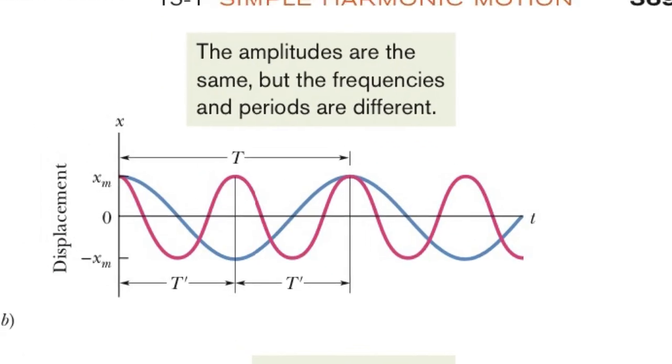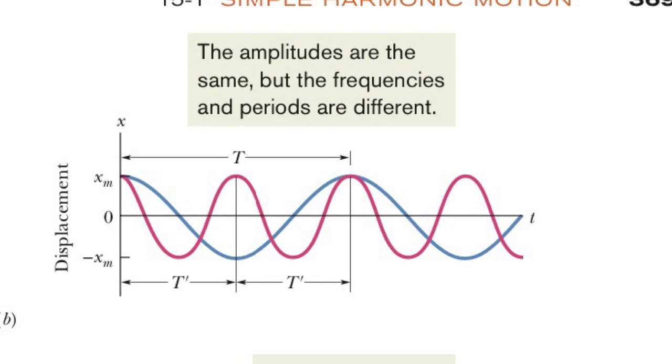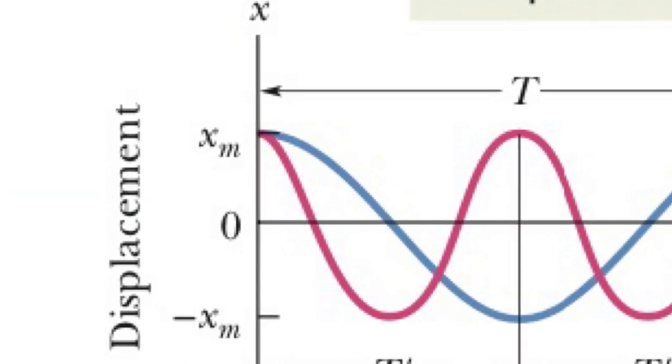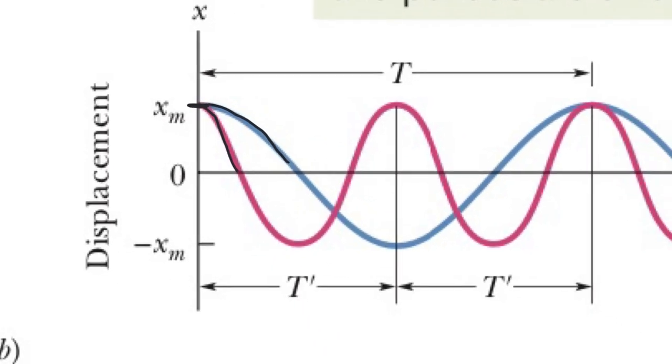Okay, now we will go here. Here you can see this is the red one and this is the blue one. Both reach the same point of amplitude, so they have the same amplitude.